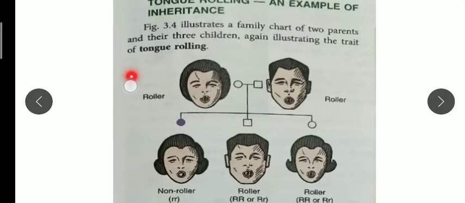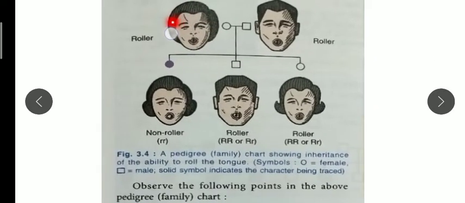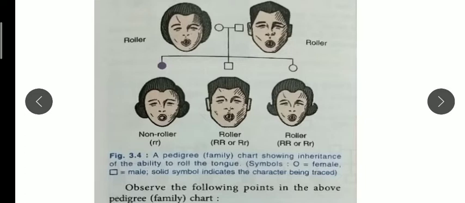So they are giving an inheritance example: the parents both have the roller gene, so they both can roll their tongue. You can see the tube-like projection they are showing, its structure. But they have three children, and out of the three, only the second and third, the boy and the girl, can roll because they have the gene for rolling the tongue.